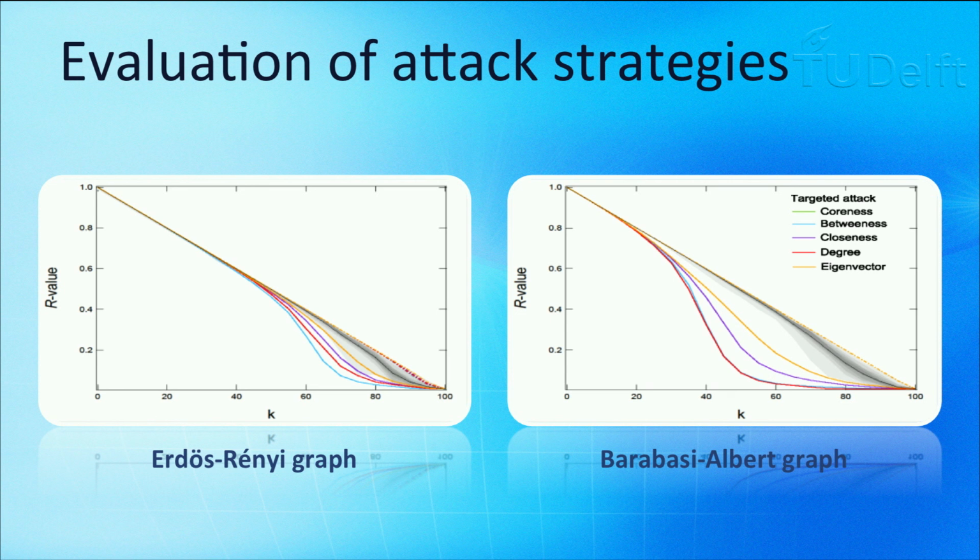The effectiveness of a certain attack on the chosen R value can be assessed from the contour plots. For example, the red line, the highest degree removal, is close to an optimal strategy to destroy the Barabási-Albert graph, whereas the betweenness strategy is the more successful strategy to destroy an Erdős-Rényi graph.